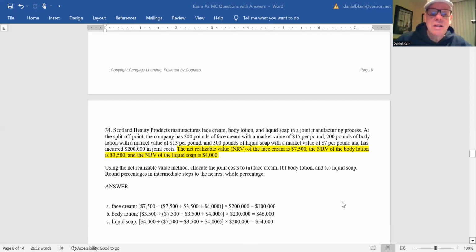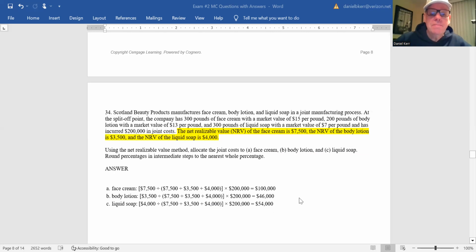The total costs we've got to allocate, you get their share divided by the total net realizable value. The total joint costs are 200,000, so they're allocated on the respective net realizable values. So you get 100,000, 46,000, and 54,000. So that's allocated on the basis of net realizable value.